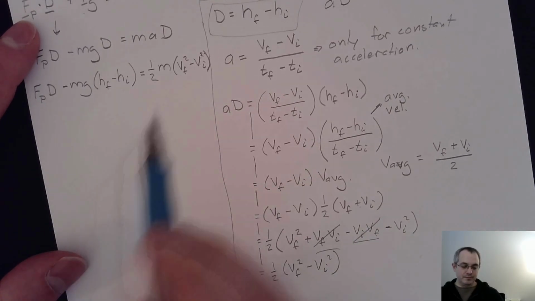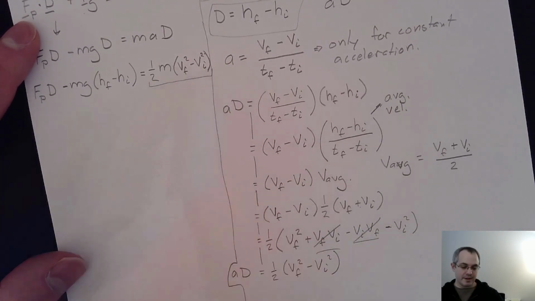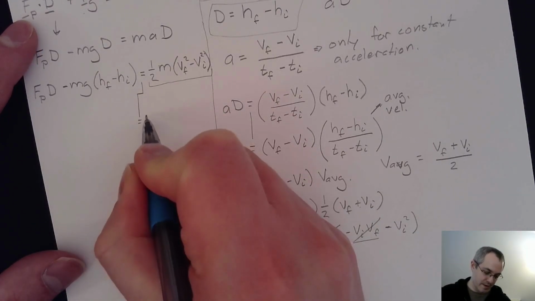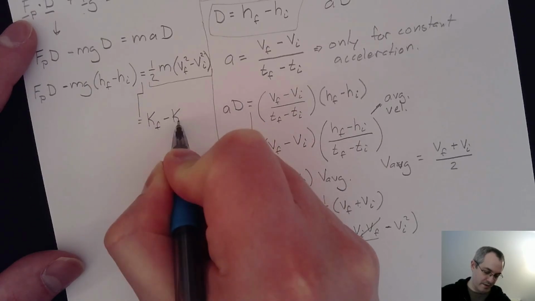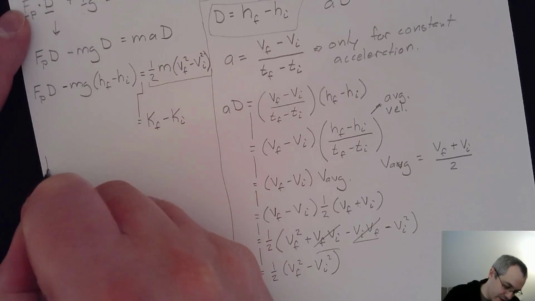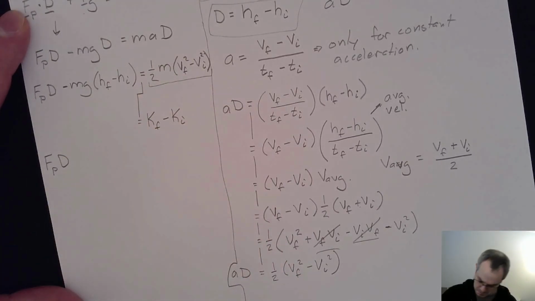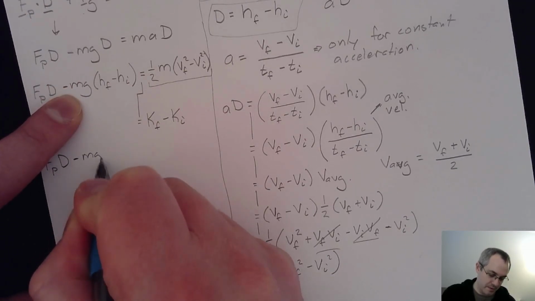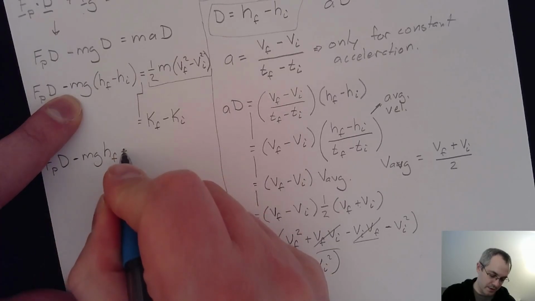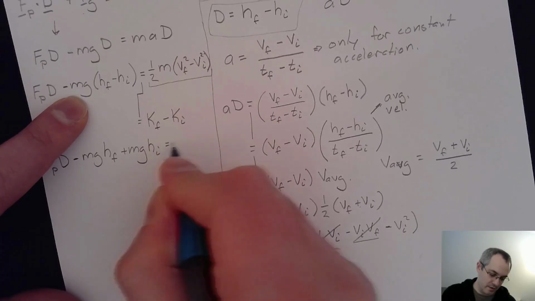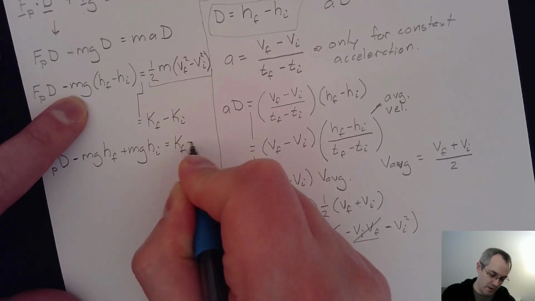So this thing is just final kinetic energy minus initial kinetic energy, right? Well, sure. This is Kf minus Ki. What about this thing? Let's have a look at that. So this is Fp times d minus mg Hf plus, just distributing this mg, Hi, equals Kf minus Ki.